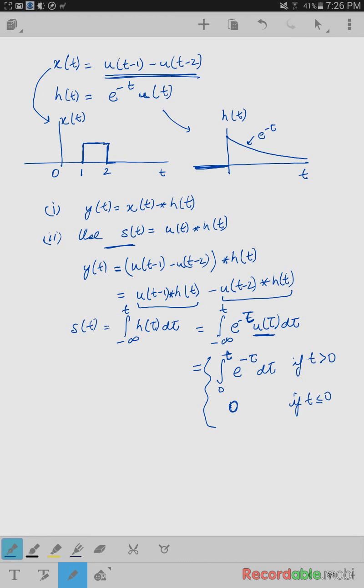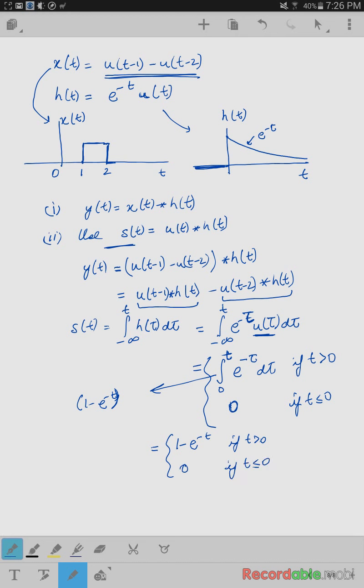Okay, so what is this integration? If you compute it, this is simply 1 minus e^(-t). So s(t) is equal to 1 minus e^(-t) if t is greater than 0, and 0 if t is less than or equal to 0.